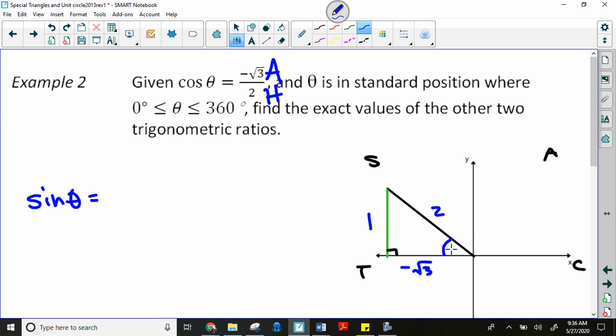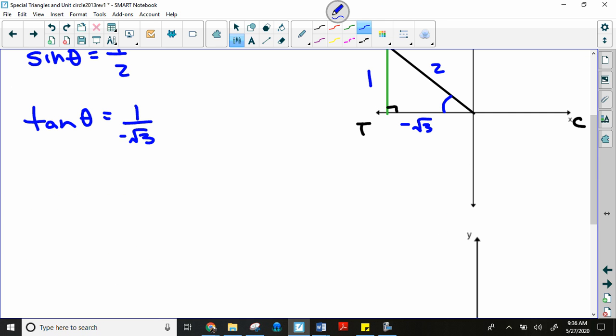So sine would be opposite over hypotenuse, 1 over 2, and tan of this angle would be opposite over adjacent, 1 over -√3. I don't like that. Rationalize the denominator. I'm going to put that negative up into the numerator, -√3 over 3 after we rationalize. So those are our 2 answers in quadrant 2.